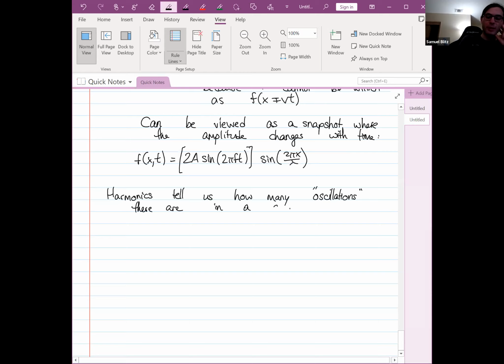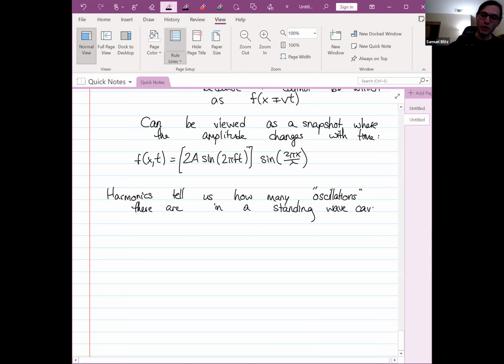A standing wave cavity, by the way, is just the thing between the two ends. So you have a fixed end and a fixed end, or a free end and a free end, or a fixed end and a free end. That's the cavity where your string is. Like the standing wave cavity in a guitar is the string between one end and the other end.